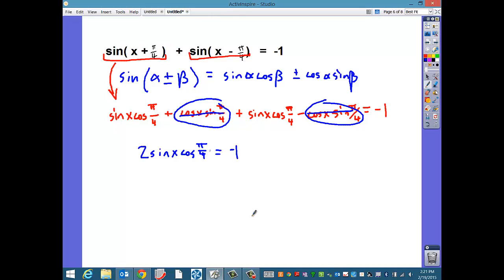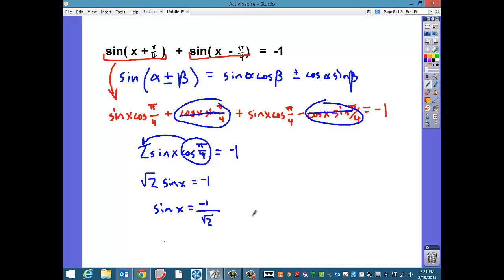Cosine of pi over 4, I know what that is. That's root 2 over 2. So I have root 2 over 2, times 2, gives me just the square root of 2. So I have square root of 2 times sine x equals -1. I divide.